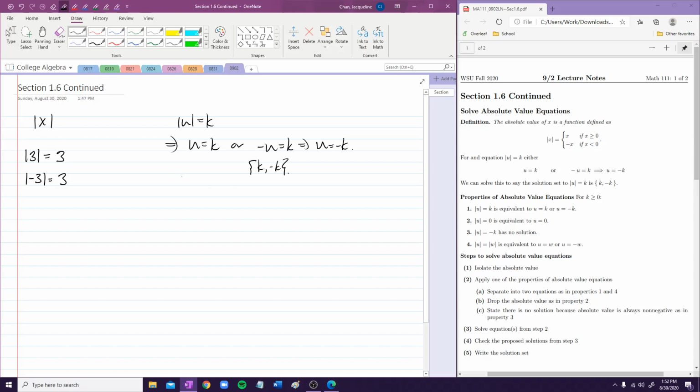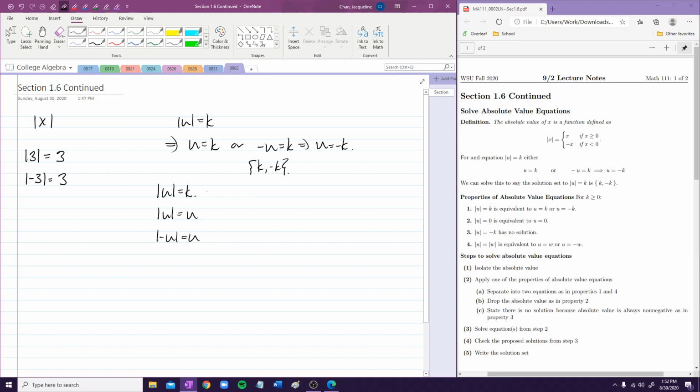And keep in mind, the reason why we did this is because if I had the absolute value of u equal to k, we can either have the absolute value of u, which would be u, or the absolute value of negative u, which would also spit out a u.